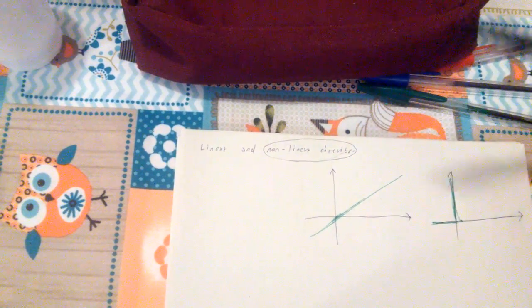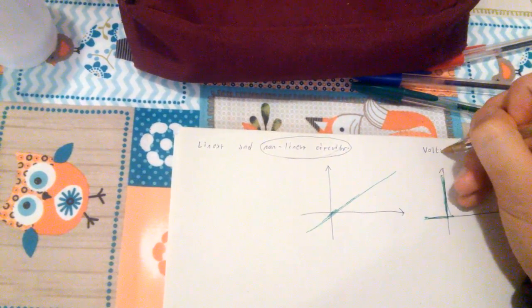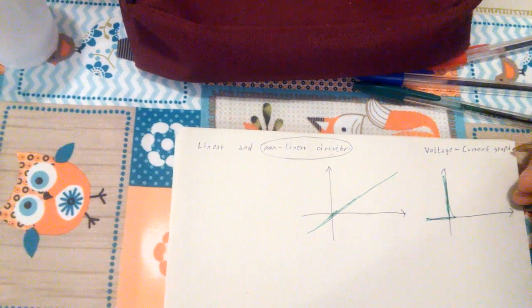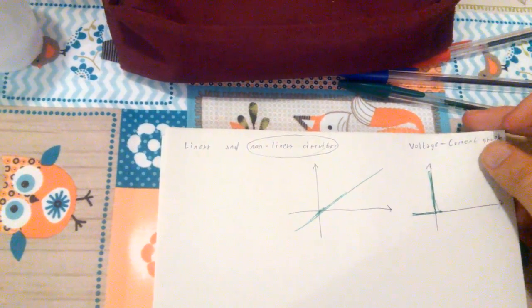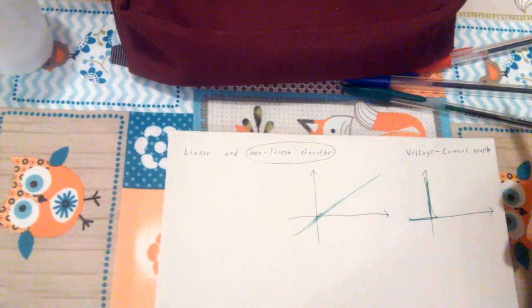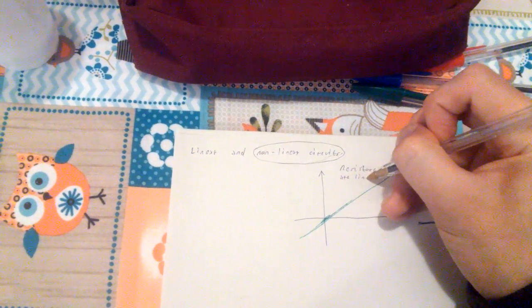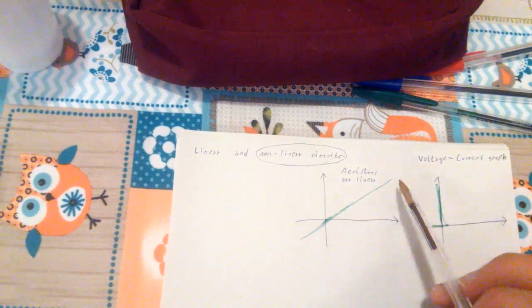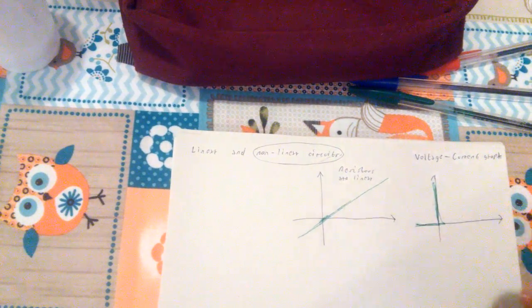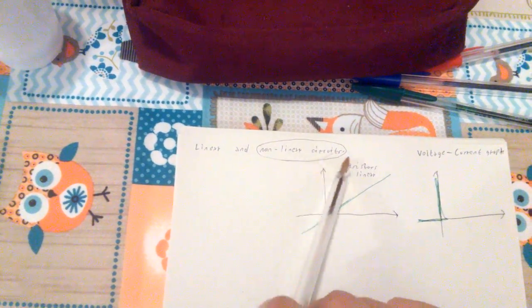Those that don't have a straight line in the voltage-current graph are called non-linear, and those that do have a straight line, like resistors, are linear components.